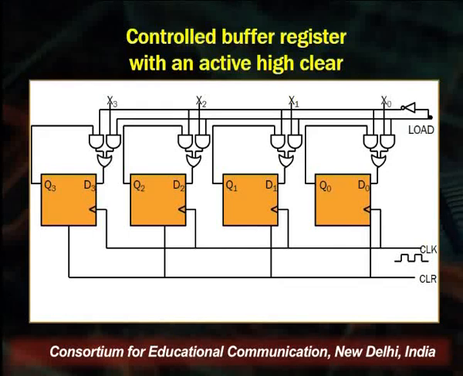When load is equal to 0, then all the AND gates of D3, D2, D1, D0, that is, the AND gates on the right as seen on the screen, are disabled, because even if one input is 0 for any AND gate, the output is 0 for that AND gate.